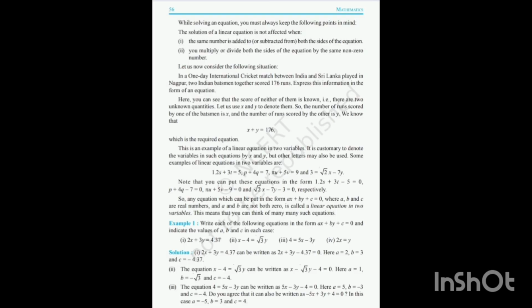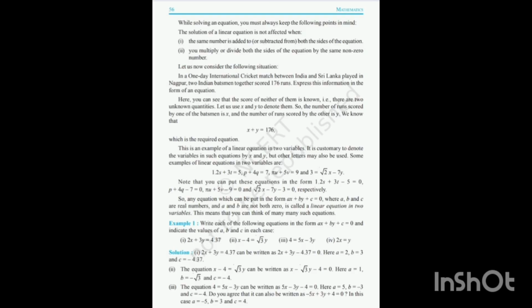Any equation that can be put in the form ax plus by plus c is equal to 0, where a, b and c are real numbers and a and b are not 0, is called a linear equation in two variables.